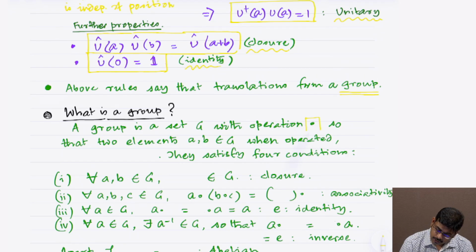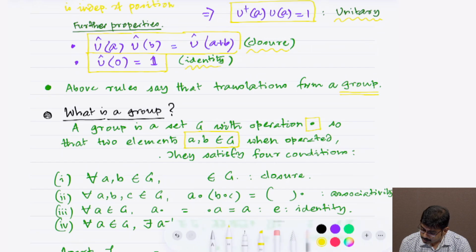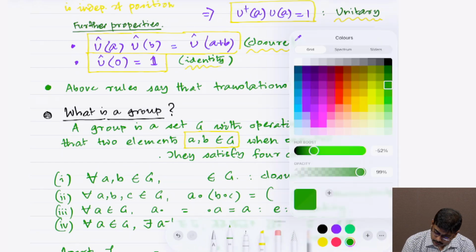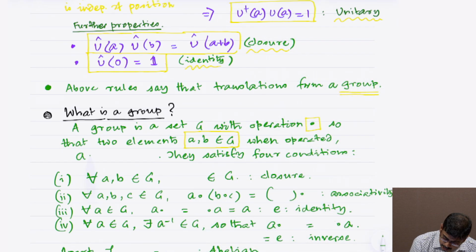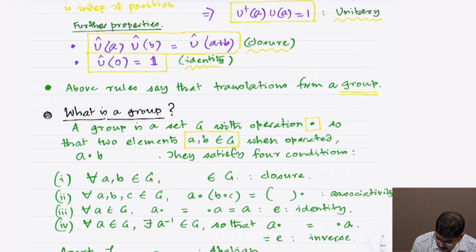Suppose we call this operation dot, so that if you have two elements A and B belonging to this group G, and they have that kind of operation amongst themselves, like A dot B, this operation will take you to an element which belongs to that set itself, and this is precisely how we write it: A dot B gives an element belonging to that set itself.